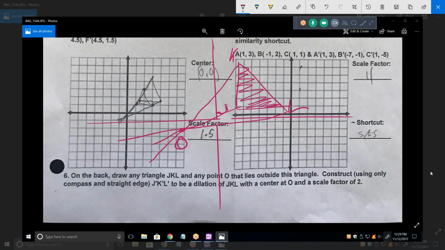So far, I've used only a compass or a straight edge. If I am to use a compass and I want to calculate J prime, K prime, L prime, what am I going to do? First of all, which way do I have to go? Do I have to go upper right or lower left?